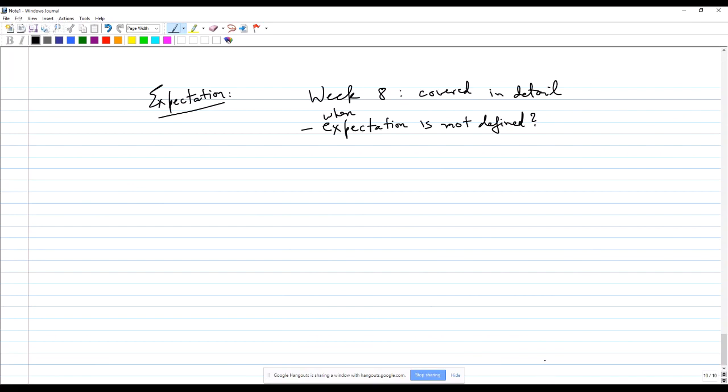This is clearly addressed by Professor Aravind in that week 8 lecture. I would definitely urge you to be patient. You will get it in week 8, so don't worry about it.